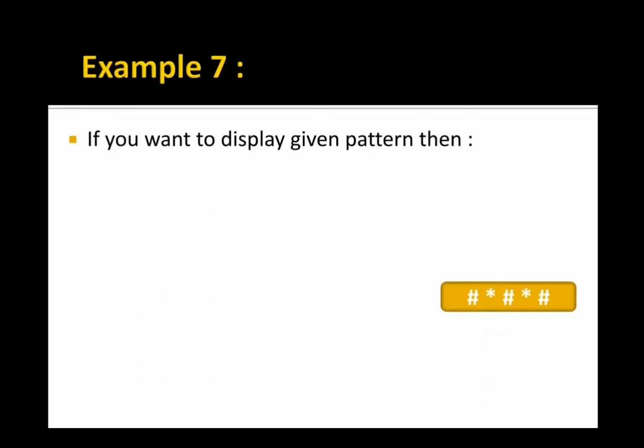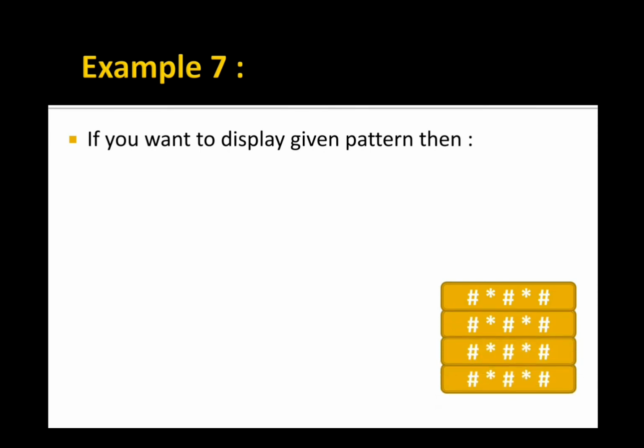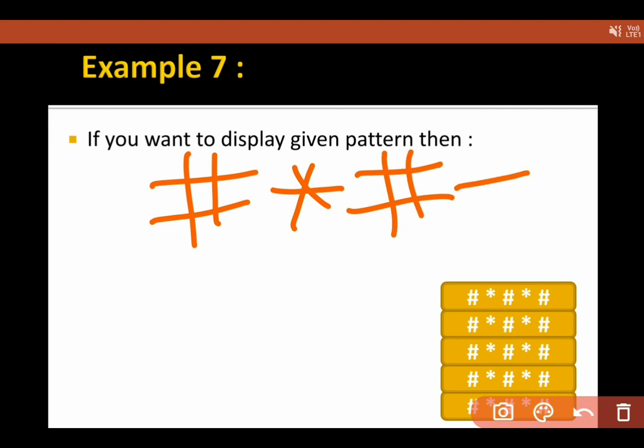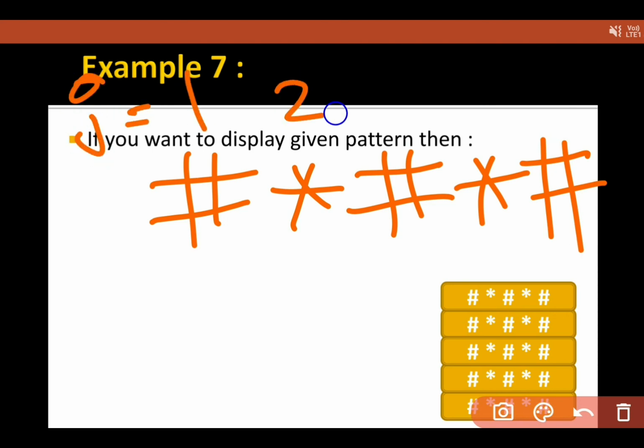Now moving further with the next example. If I have this pattern in front of me, then what do I have to do? Same thing. Again, no confusion. Hash, asterisk, hash, asterisk, then again hash. See, again the column work. j should be 1, 2, 3, 4 and 5.